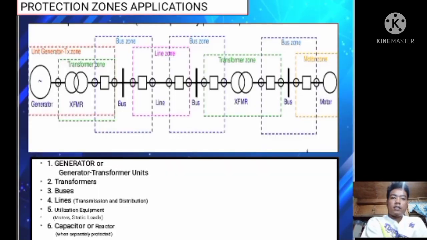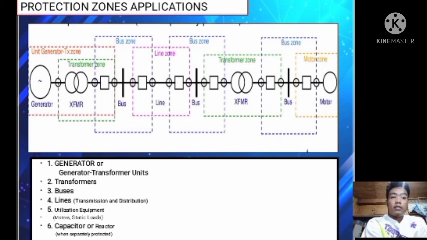So that's next is protection zones of applications. So dito na natin makikita yung application ng isang protection, yung kaninang mga diniscuss ko, kung bakit kailangan. So ito na yon, protection para sa generator or generator transformer units.